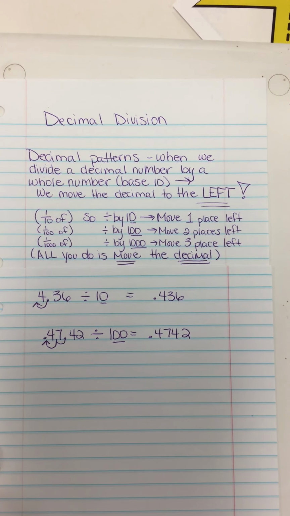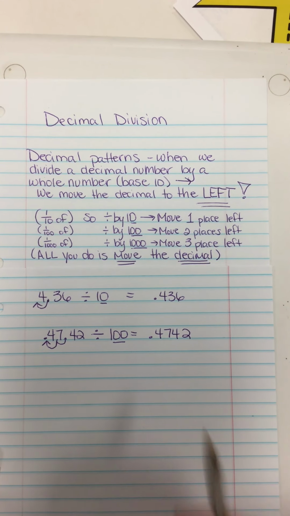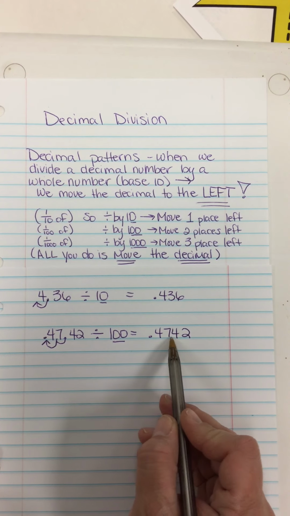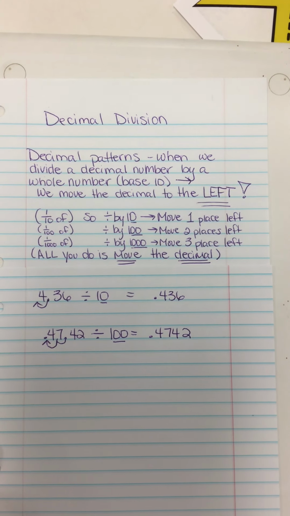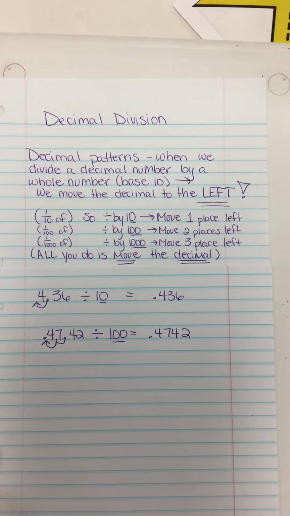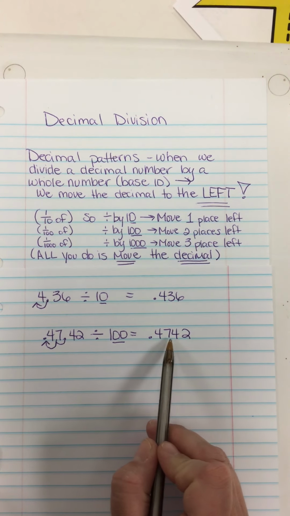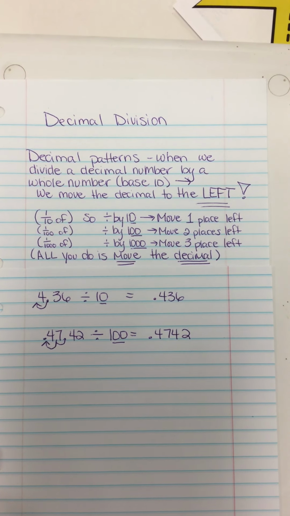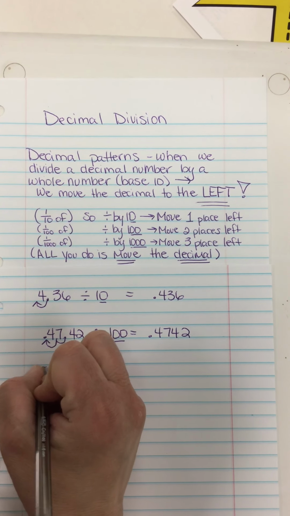So you don't have to know how to say that number because we only technically go to the third place value. You just have to be able to write it. And since we're dealing with base 10, all you're doing is moving the decimals. So your answer would be 0.4742.